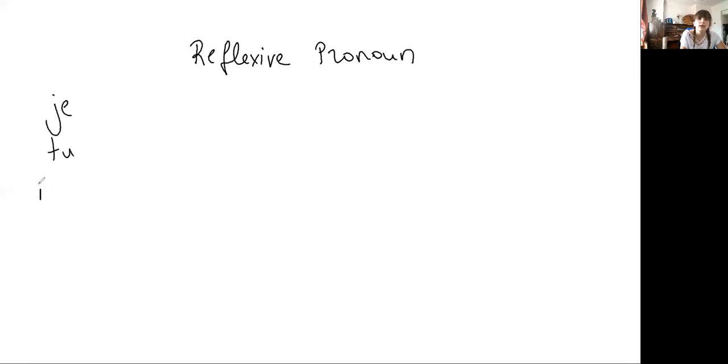Now we have different reflexive pronouns according to the person who's talking. If you're je, tu, il or elle, nous, vous, and ils or elles, you have different reflexive pronouns.